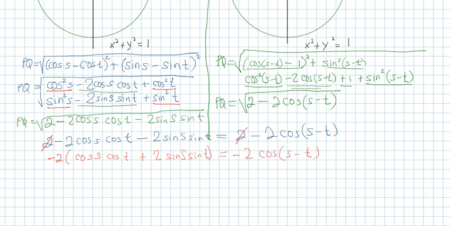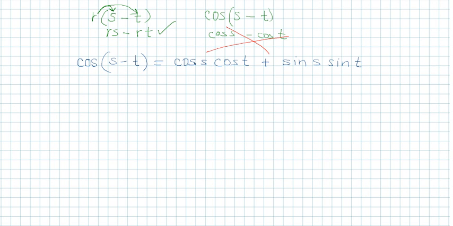Now I can divide both sides by negative 2, and so I can cancel these. And guess what? I got cosine of s minus t equals cosine of s cosine of t plus sine of s sine of t. And that's what I have there. So that's actually my proof.